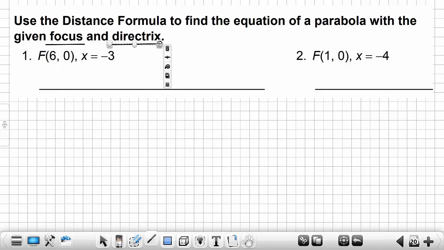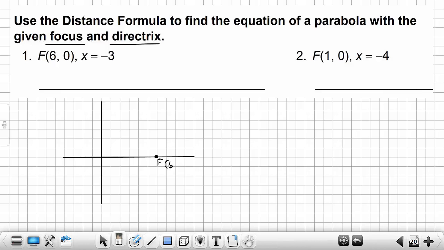So my focus is (6, 0): 1, 2, 3, 4, 5, 6. And my directrix is x equals -3. Not x equals -b. Don't get that in your head.